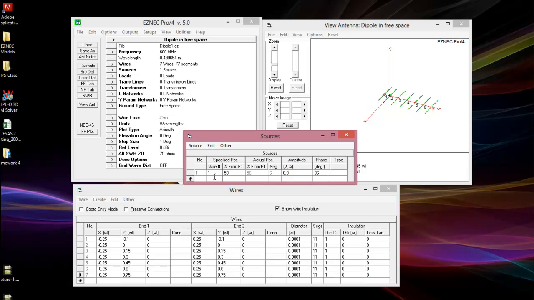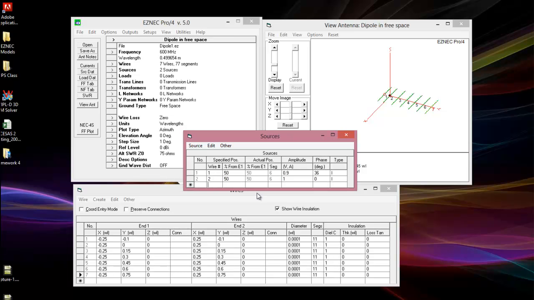For the second one, the source is gonna be in wire number 2, at 50%, meaning at the middle of the wire. The amplitude of the current is equal to 1, and the phase of the driven element is equal to 0.